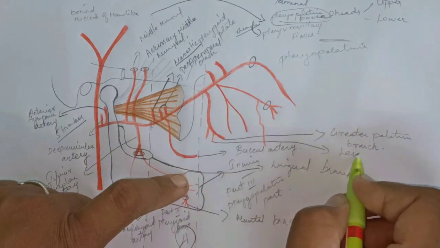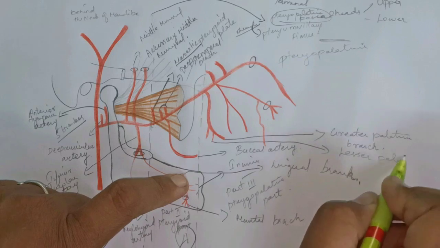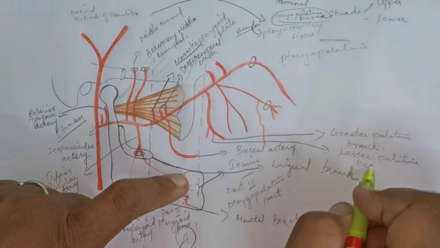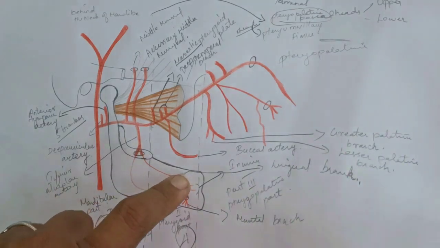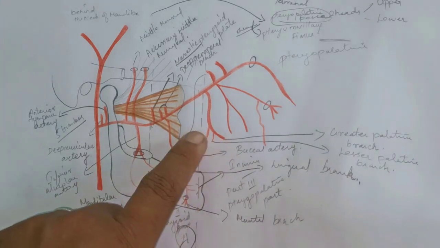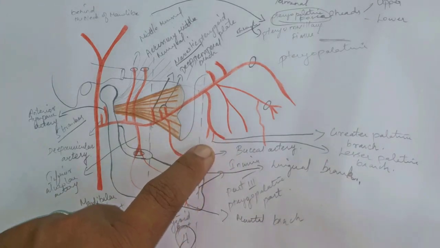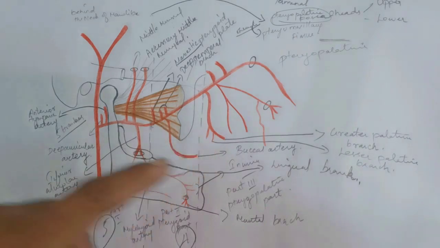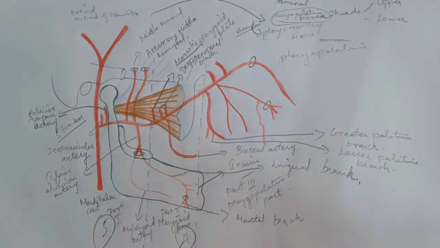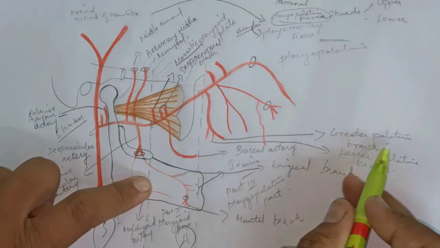So this is your lesser palatine artery. From the greater palatine branch only a small terminal branch is coming, that is your lesser palatine branch. Okay, this is your first branch of the third part, that is the pterygopalatine part of the maxillary artery. Both supply the posterior teeth in the maxillary region.